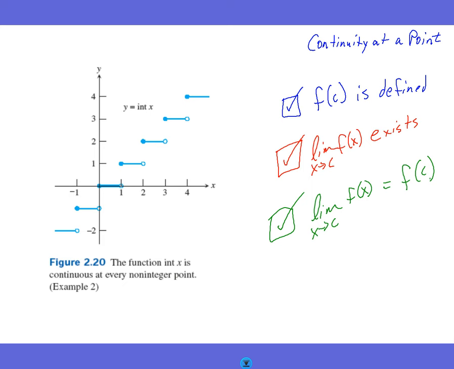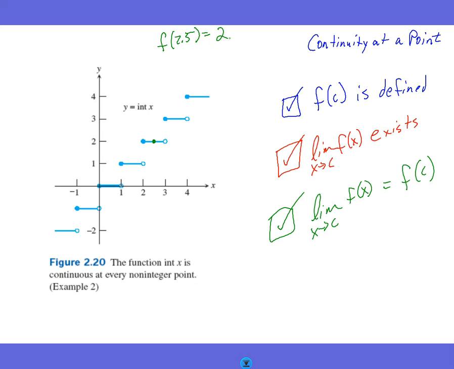But if I choose a point, let's say at 2.5 here, and I want to see if it's continuous at that point, you would go ahead and do your check marks. First check, is f of 2.5 defined? You betcha. f of 2.5 is equal to 2.